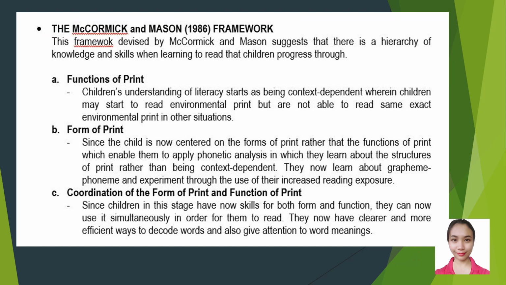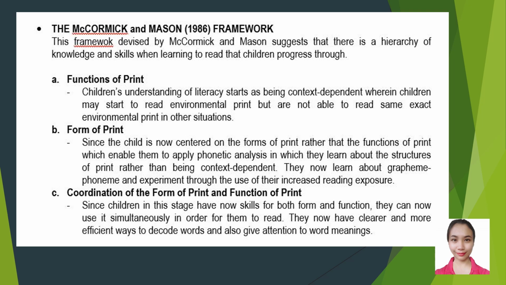Okay, next is the McCormick and Mason 1986 framework. This framework devised by McCormick and Mason suggests that there is a hierarchy of knowledge and skills when learning to read that children progress through.